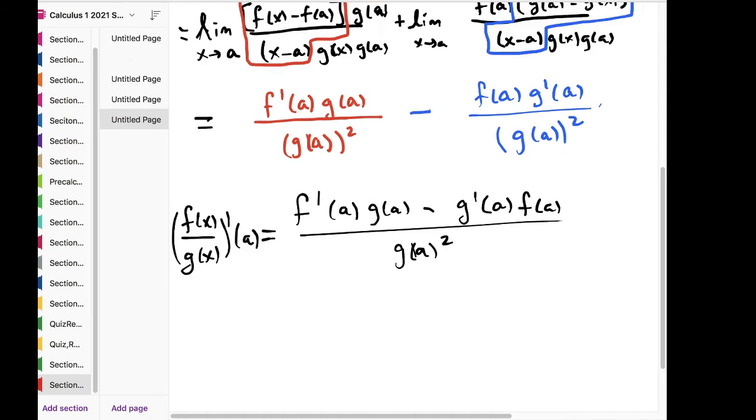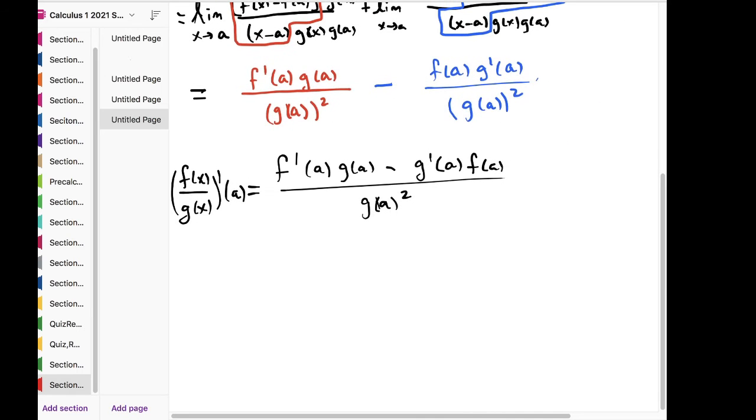So another formulation of this, if you don't want to write out all the x's and a's, is f over g prime is f prime g minus g prime f over g squared. Okay, so any questions about that? This is the quotient rule.